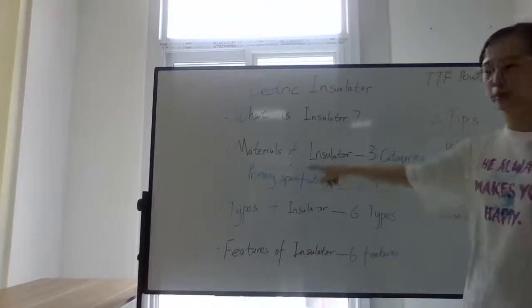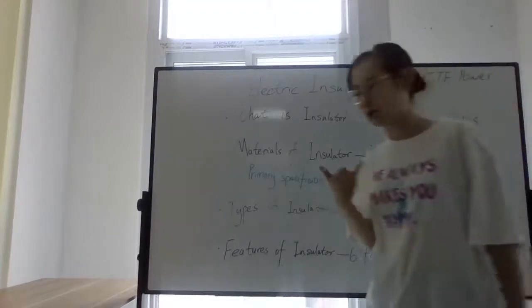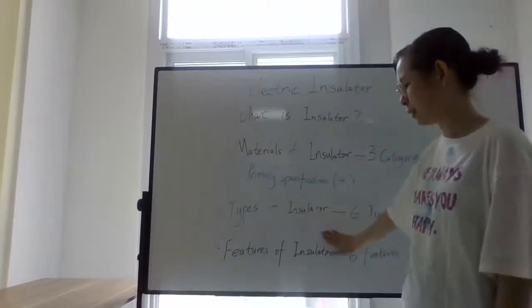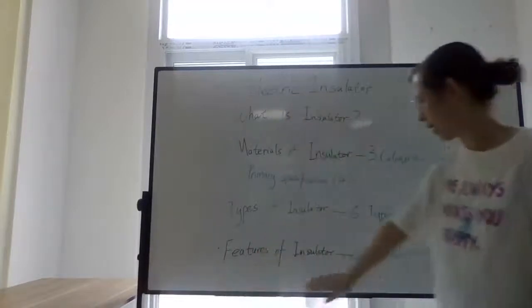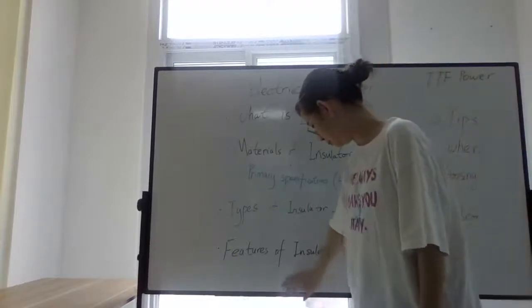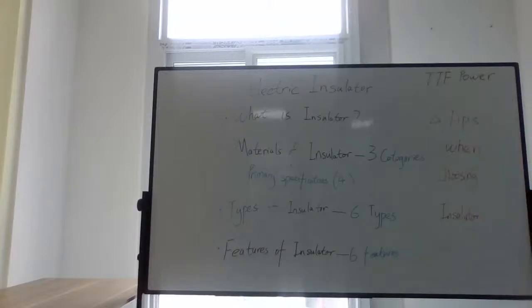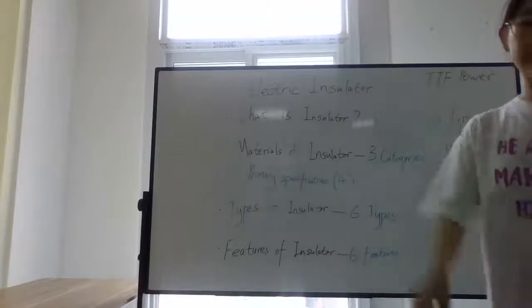There are 4 of them. In the third part, I will tell you the 6 types of insulators. And in the fourth part, I will talk about the 6 features of the insulators. Then, the very important part is, at last, I will tell you some tips when choosing insulators. Now, let's start today's speech.